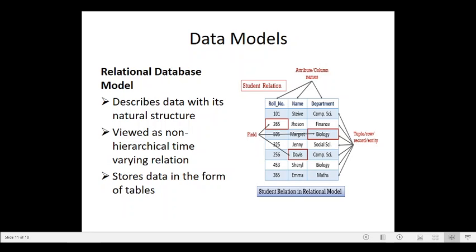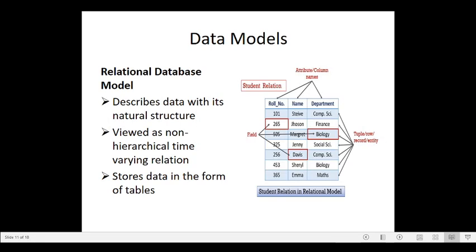And it represents the relationships by a collection of interrelated tables. So this model stores the data in the form of tables, unlike hierarchical model in the form of tree, and network model in the form of graph.